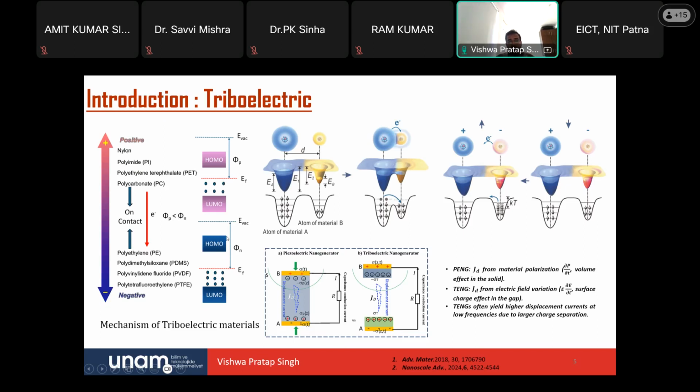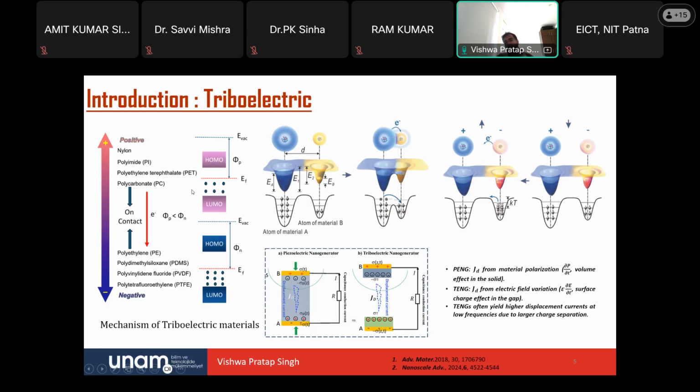If you touch them to each other, they have different work functions, and due to that they have different Fermi levels. Let's say in this case you can see material A and material B, and we are touching them. They have different levels of Fermi energy, and when you touch them, they want to equalize the Fermi energy.